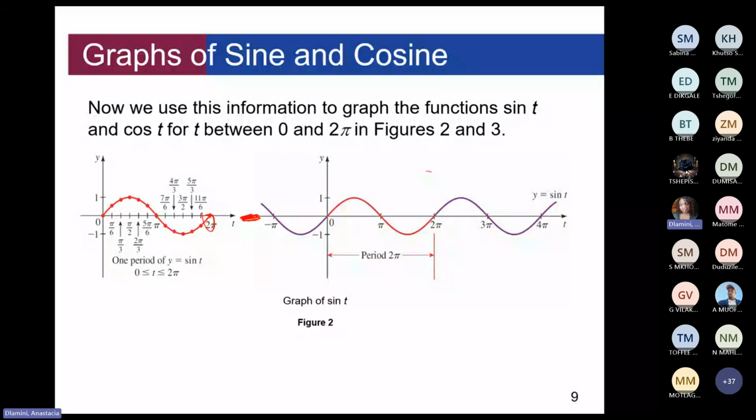If you cut it just after 0 and you look at this small curve here, that small curve looks like this, and we know that's a cos function.